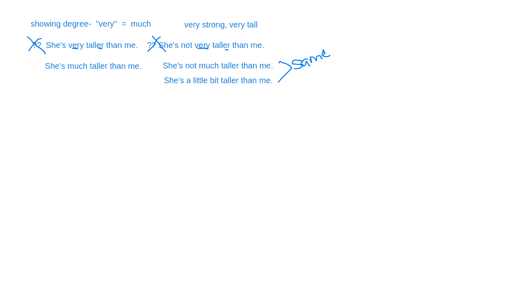Now let's try one with an adverb, because these were adjectives. We've tried them with the comparative adjectives. Let's try one with an adverb. Remember, your adverbs are on page 235. You've got some examples there. Let me give you an example sentence and you guys are going to help me put in an adverb.